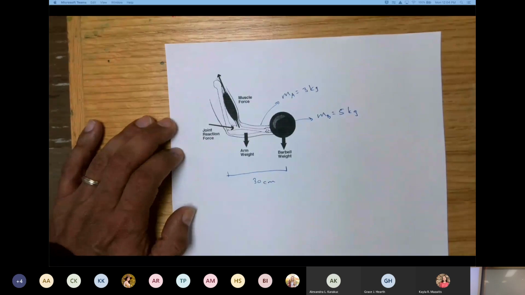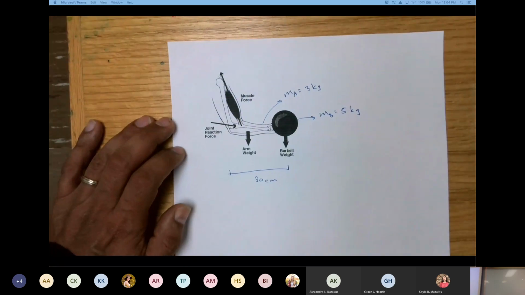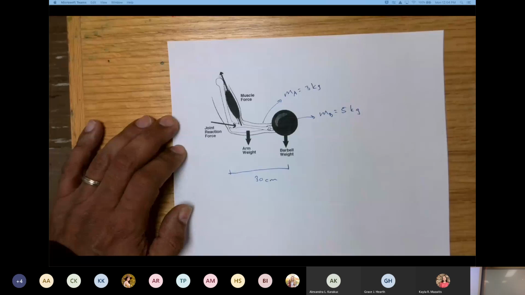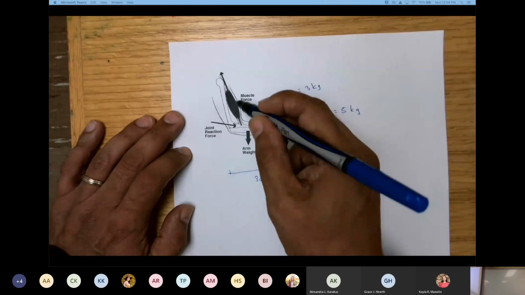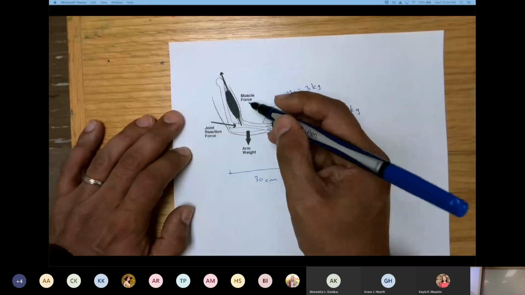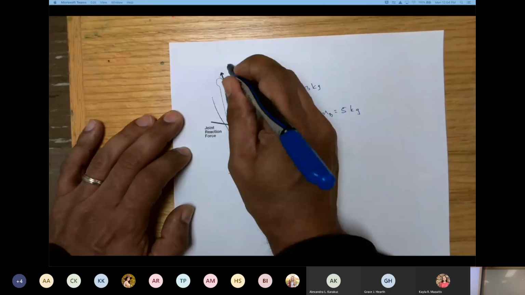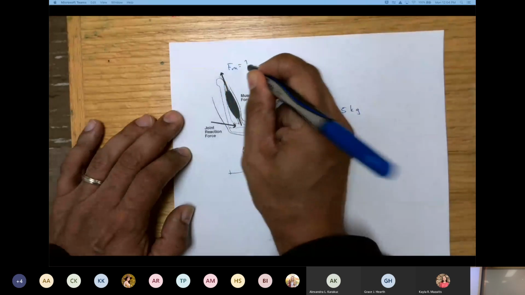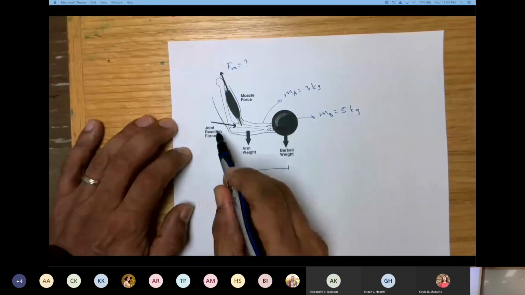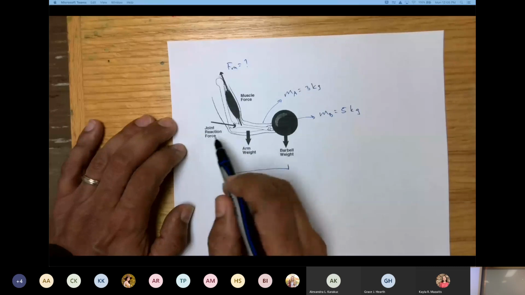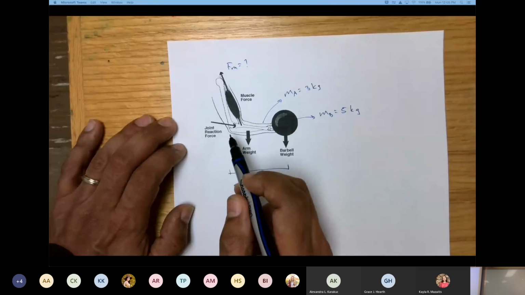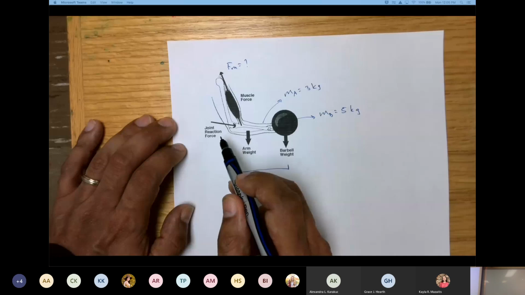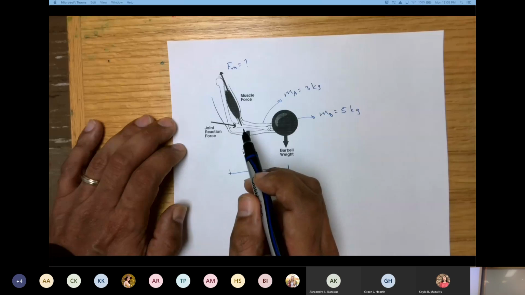Okay. What I want to find out are two things. I want to find out what is the force of the muscle, what is the force on the bicep. So I want to know what is this force. And I also want to know what are called the reaction forces. So every time you have a joint and you're going to have forces in different directions, you're going to have a reaction force.